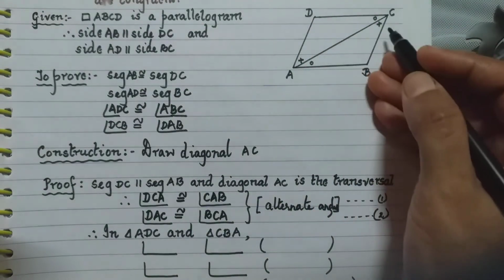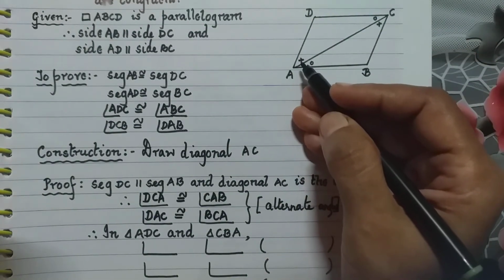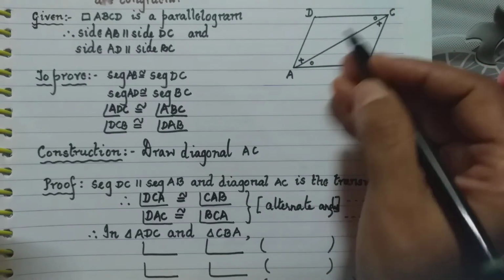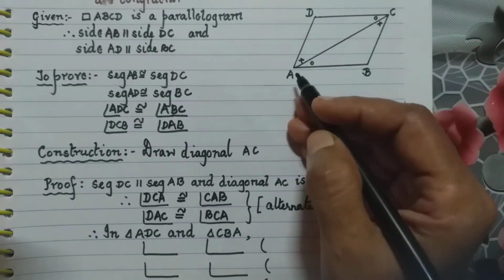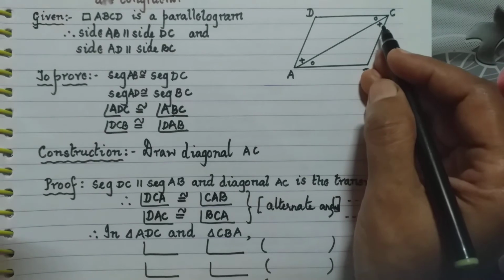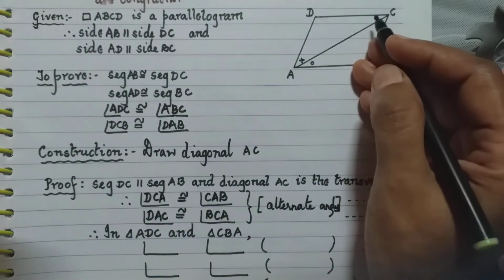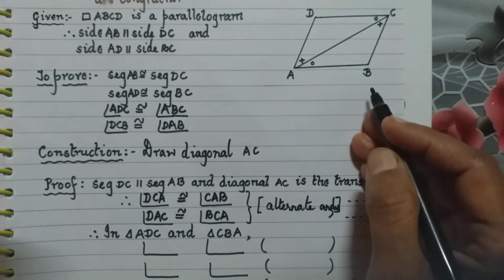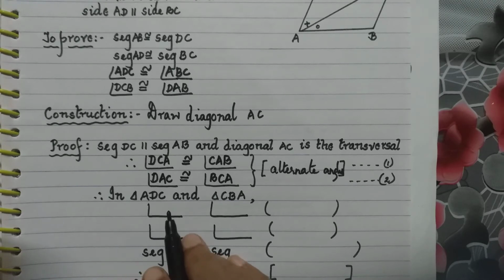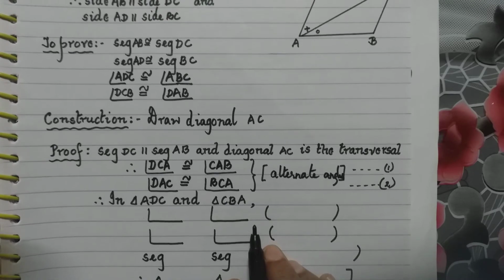When we are naming this, A is present next to this cross, then you have D, and C is present next to the zero. So I will start naming with the one next to the cross. In triangle ADC and triangle CBA.